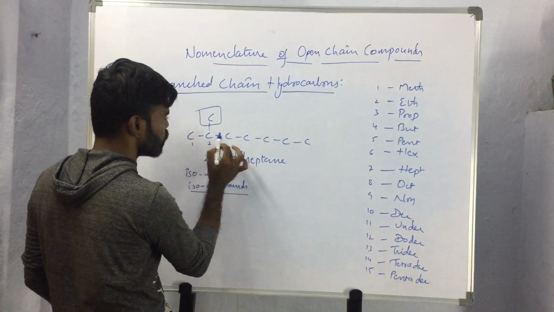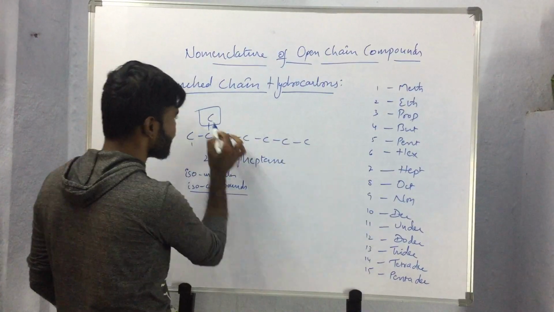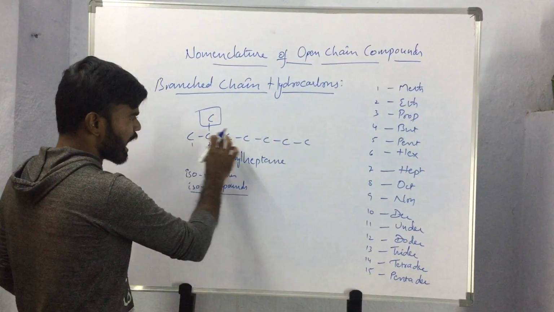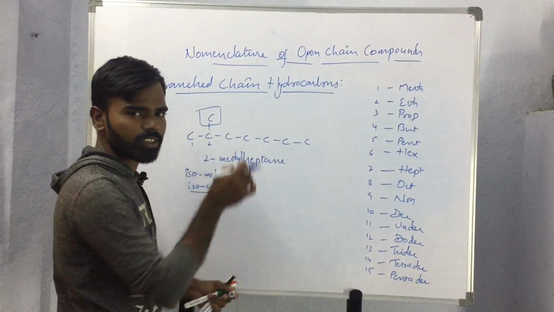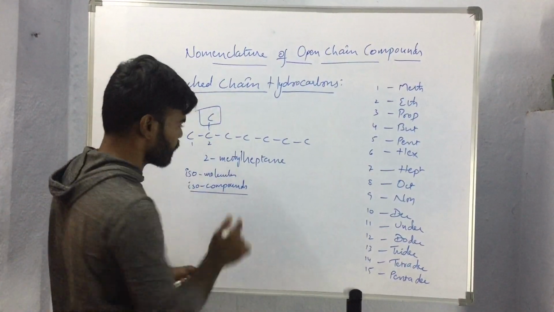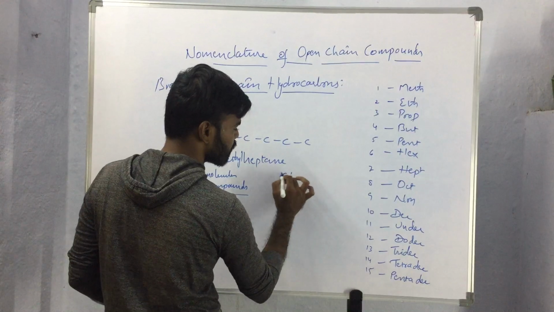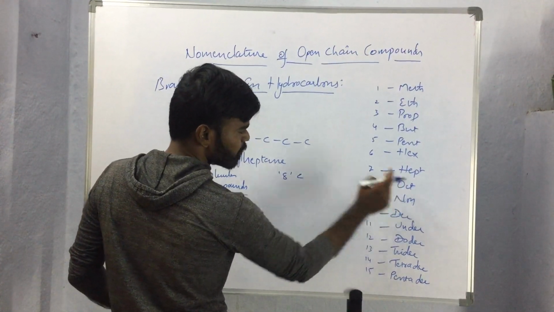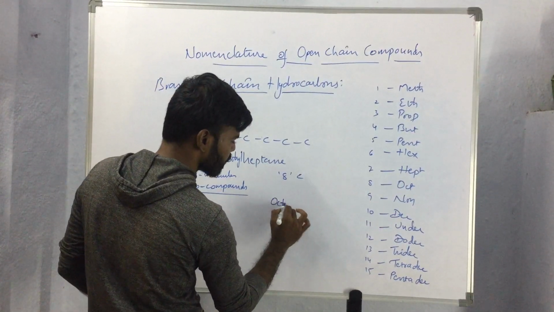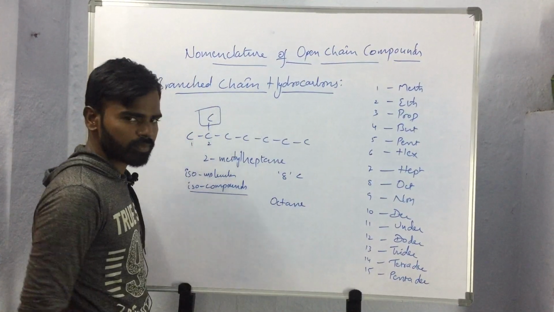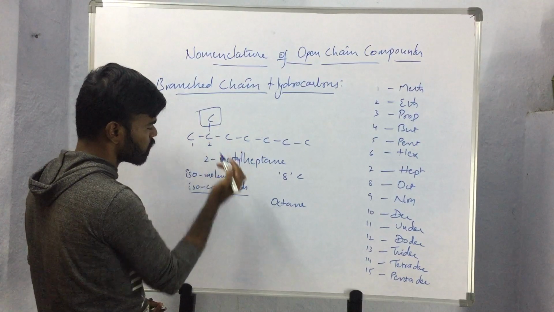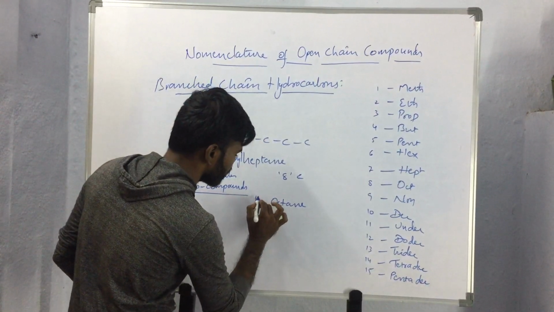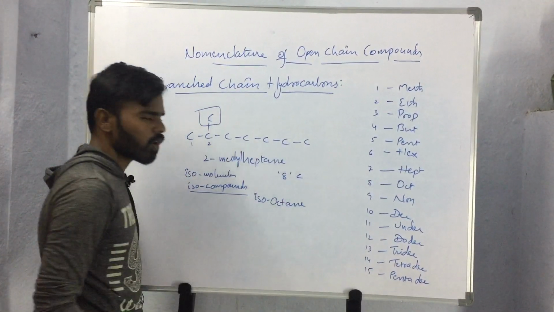So here 1 2 3 4 5 6 7 and 8. So total 8 carbon atoms are present, including the carbon atoms that are present in the side chain. So 8 carbon atoms means that will become octane. As the methyl substituent is present on the 2nd carbon atom, we will name it as isooctane.